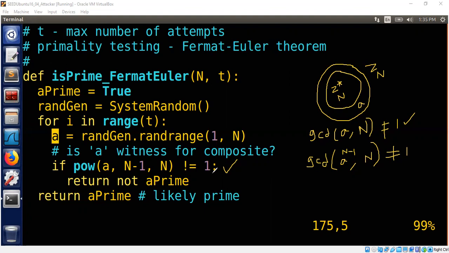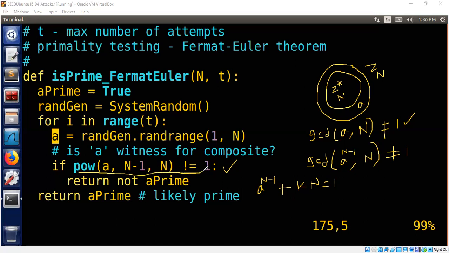What I'm trying to say is that if a^(n-1) is equal to 1 mod n, the opposite of this assertion, then a^(n-1) can be written as some constant k times n plus 1, where k is some integer.